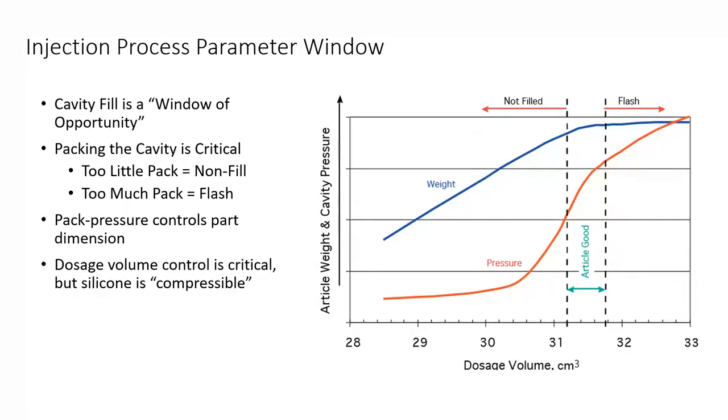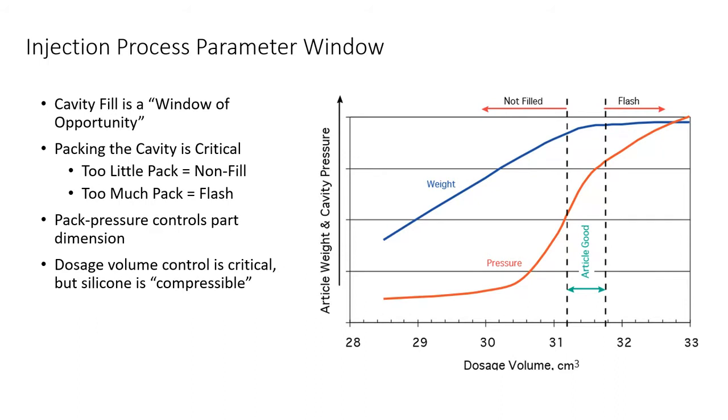And if you fill that cavity with too much material, then we see the flash happen. What we see is excess rubber gets into the cavity and it's extruded out through the mold parting line, and flash is an unacceptable outcome and generally a defective part.